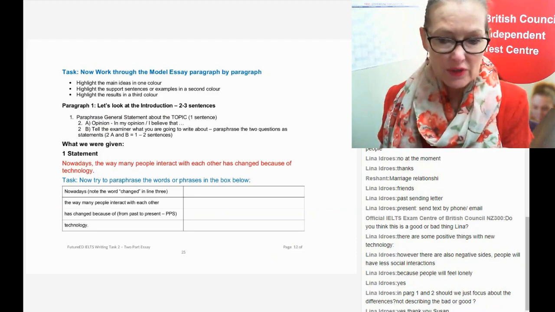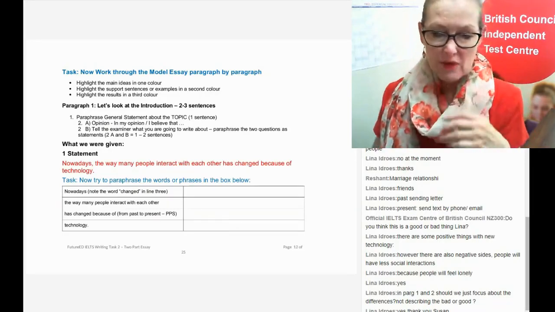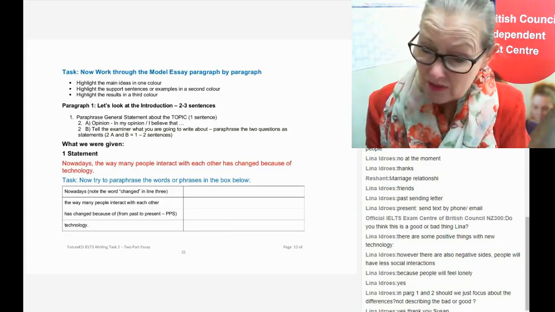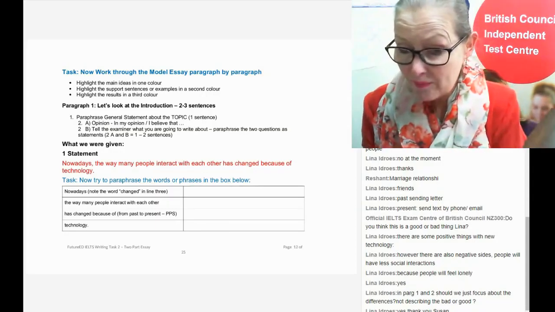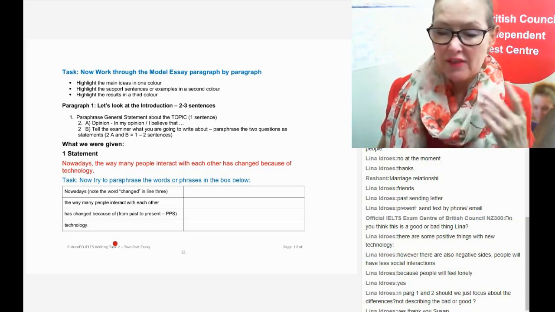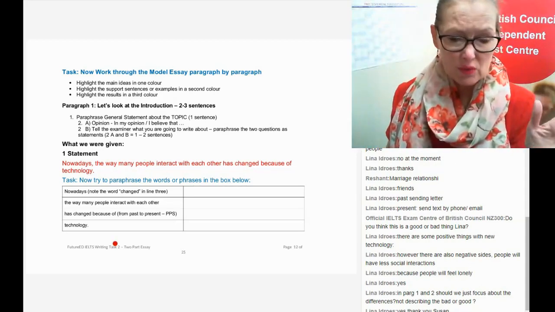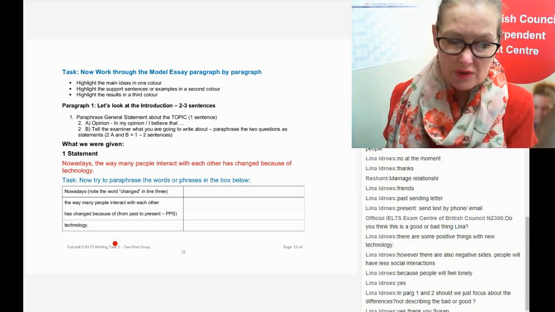Have a look at that little word: how has technology changed relationships? So we have to say what people did then or what people do now. And then it gives us extra words, but also it's logical thought.